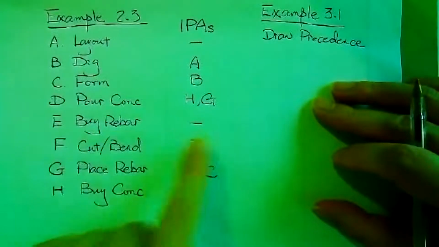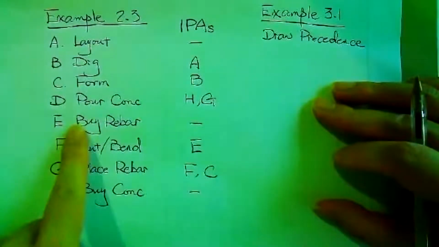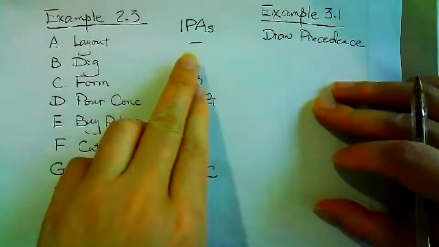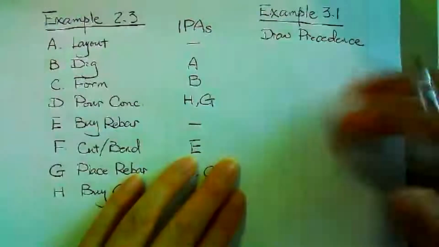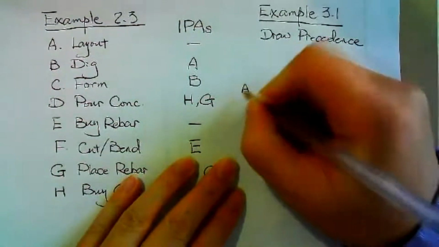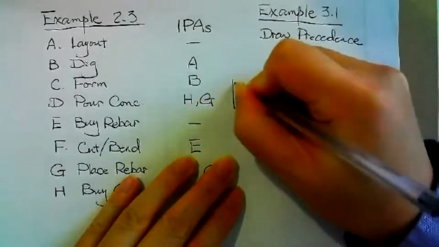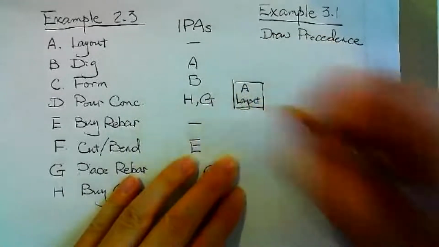This one, we will trace back. So we don't need to consider this. Actual starting point is A, layout.